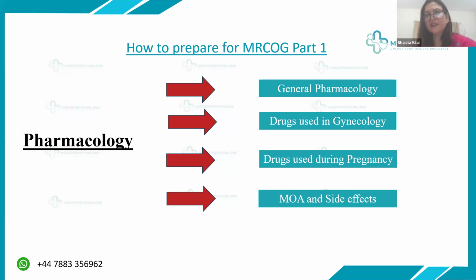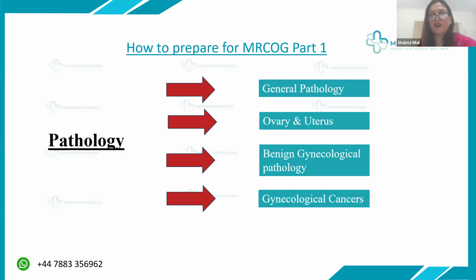So these are some basic things, and the major side effects of these drugs you should remember on your fingertips. You need not remember the whole of pharmacology, only what is important related to obstetrics and gynecology.